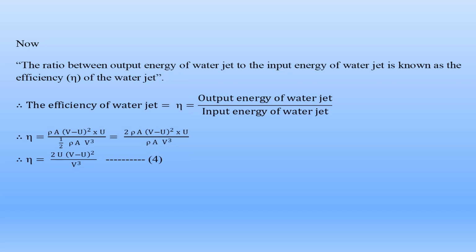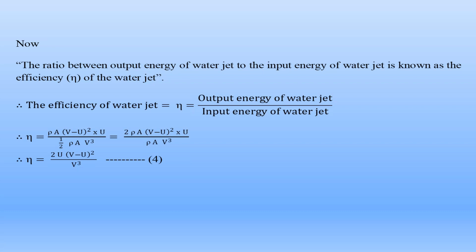Then we discussed the work done by the water jet on the moving vertical flat plate, also called the output energy of the water jet, rho A (V minus U) whole square into U. Then we discussed the initial kinetic energy of the water jet coming out from the nozzle per second, also called the input energy of the water jet, half rho A into V cube.